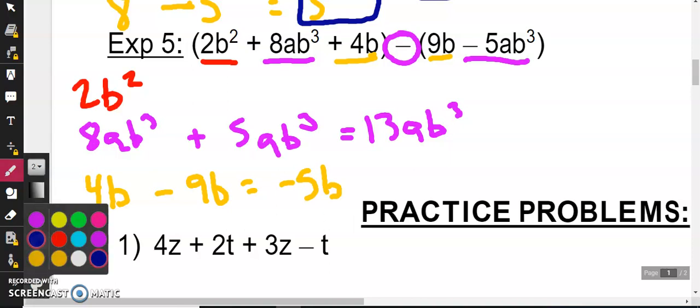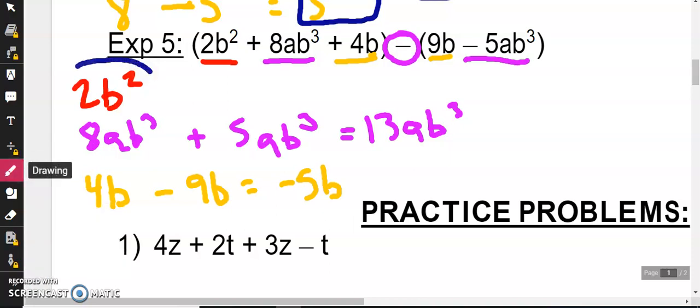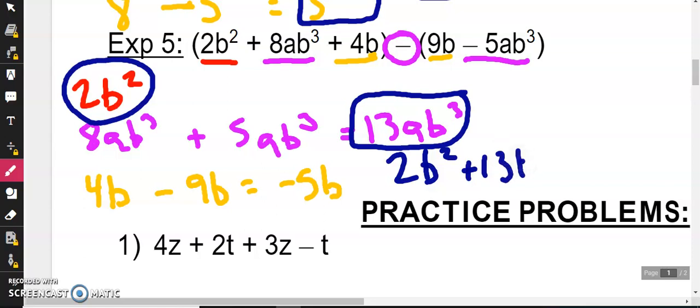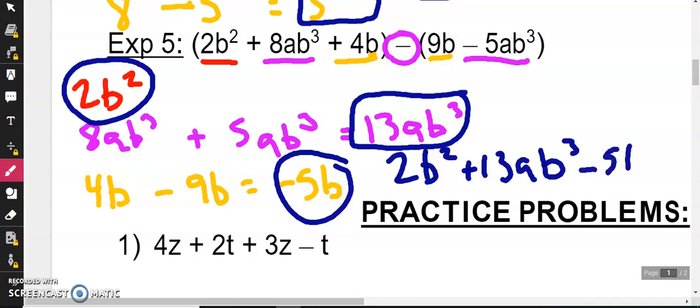So now to get my final answer, I want 2b squared, I want 13ab cubed. And then I want the negative 5b, so minus 5b.